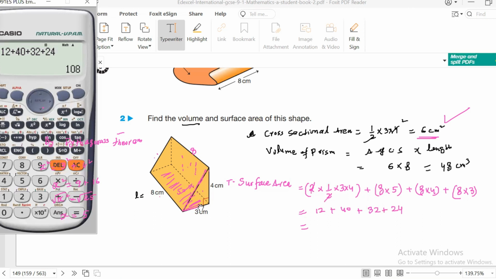It gives us 108. So we can say that it's 108 centimeter square. I hope it is clear. These are the two answers, one volume and one surface area.